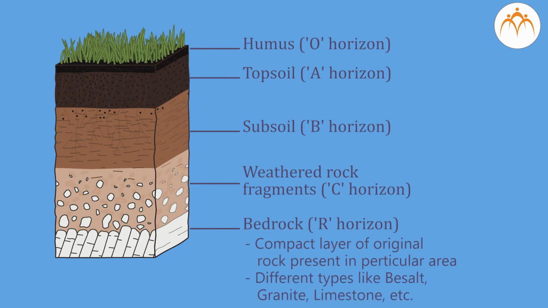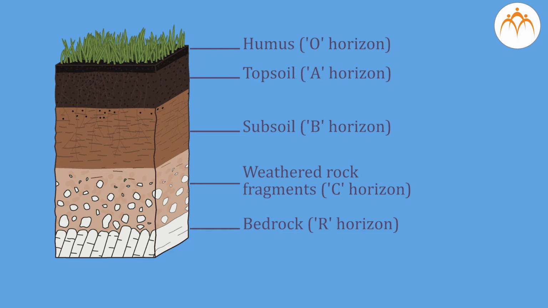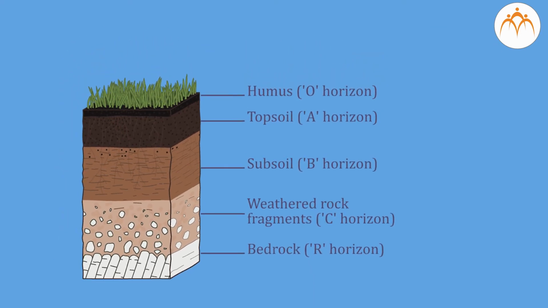These are of different types like basalt, granite and limestone, etc. This vertical section of soil from the topmost humus to the hard bedrock is called soil profile. The height of the soil profile varies from place to place depending upon the topography, climate of the region and the depth at which the bedrock is situated.